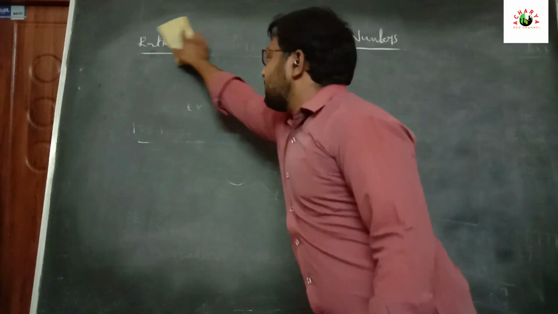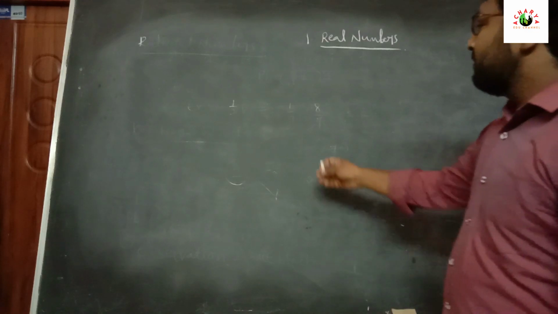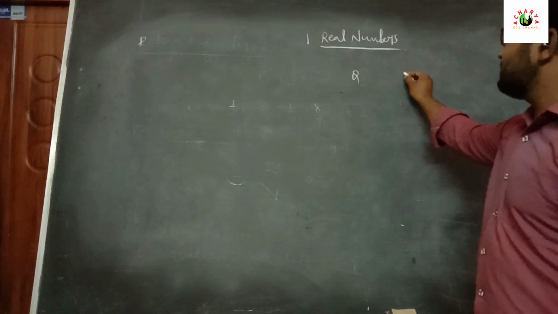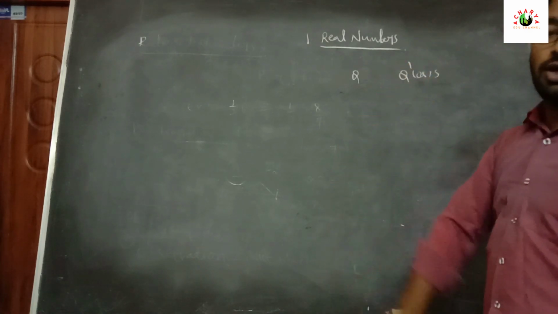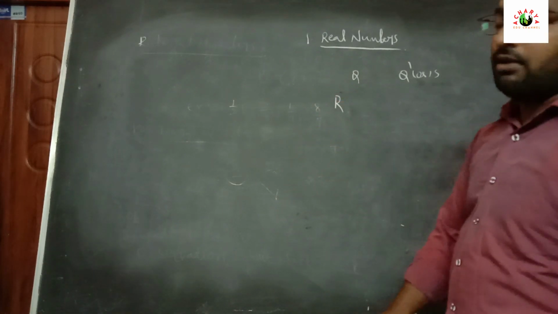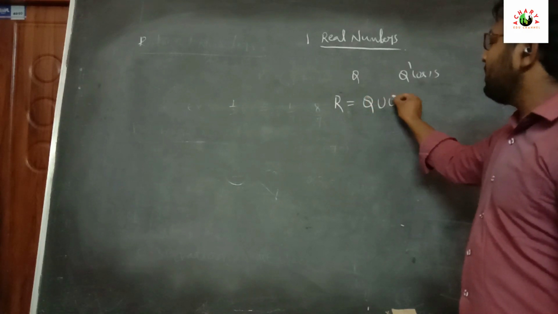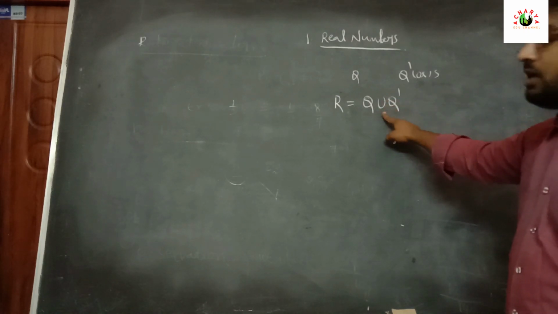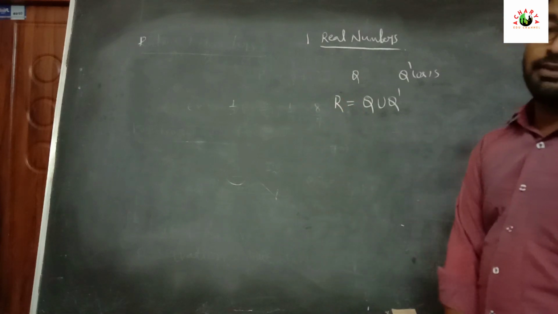Rational numbers are represented by Q and irrational numbers by Q dash or S. Real numbers are represented by capital R. So R is equal to rational numbers union irrational numbers. This union indicates combination.